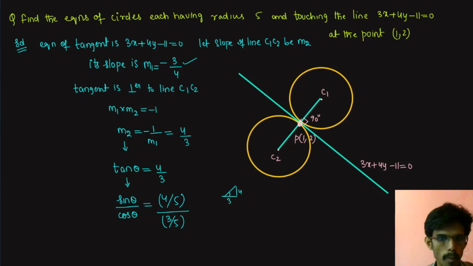Now the hypotenuse from Pythagoras theorem will be 5, by triplet. So whenever we have 4 and 3, the other side of the right angle triangle will be 5. By equating this, we get sin theta as 4 by 5 and cos theta as 3 by 5.